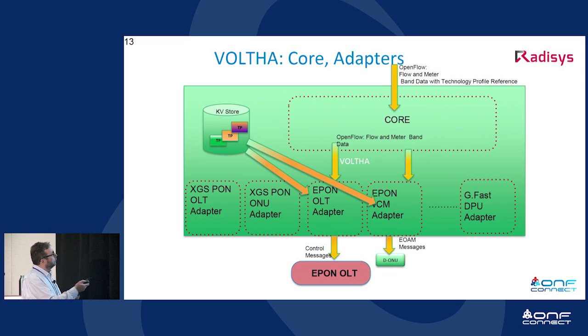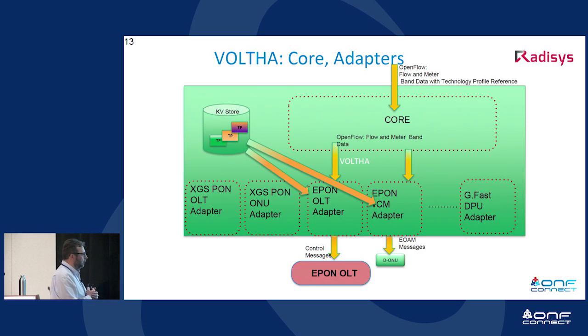And EPON is another example, the same thing here. So I could have an EPON OLT or virtual CMTS and virtual cable modems. And again, do the same thing. I define OpenFlow rules, meter bands, a technology profile specific to EPON.